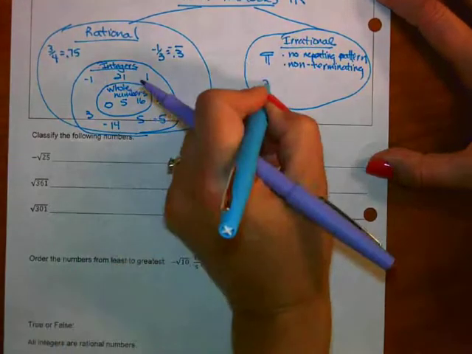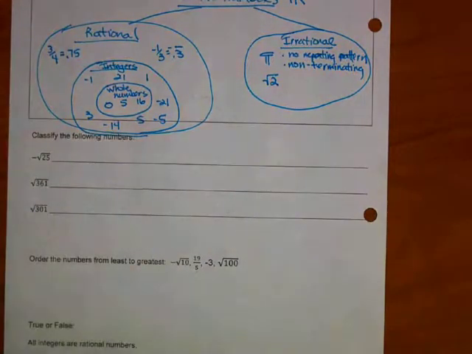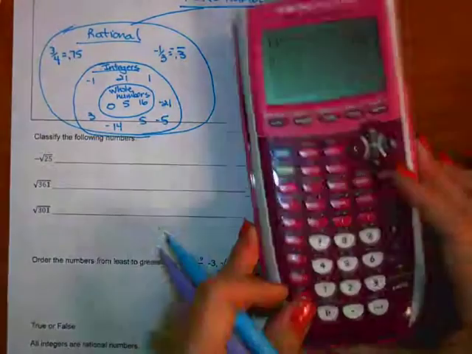On your calculator, do the square root of 2. It kind of goes forever, doesn't it? Let me show you what it looks like here.